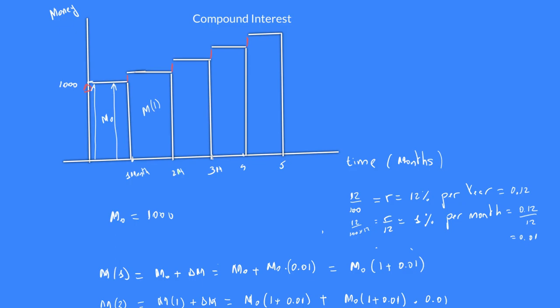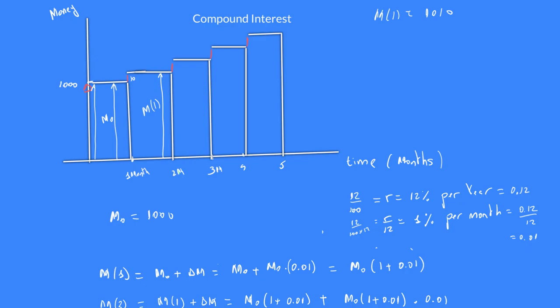So he will deposit $10, and now you will be with a certain amount that we name M1, the amount after 1 month, and M1 will be $1,010.